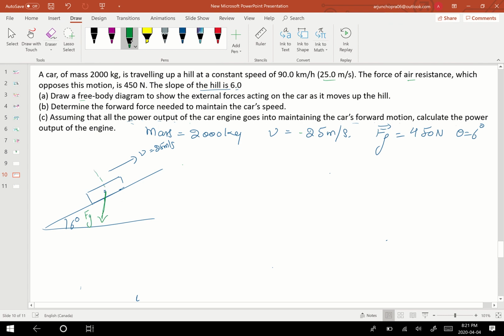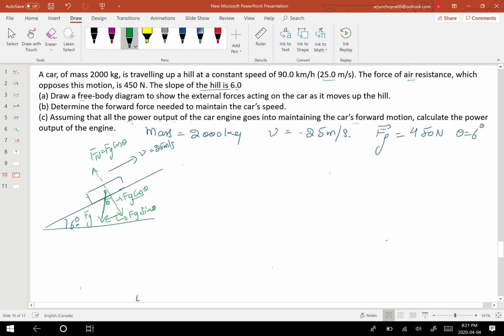If I take the components of this along the x and y direction, this becomes Fg cos theta. If you're not sure why this is Fg cos theta, you can watch my videos on force. And then this will be Fg sine theta, and this angle will be theta, which is equal to 6 degrees. And then this is the normal force, which is equal to Fg cos theta.